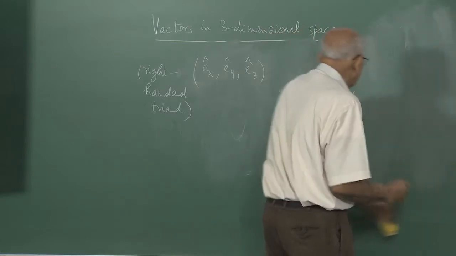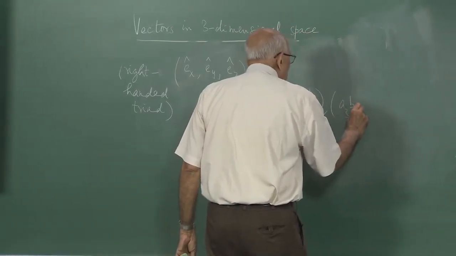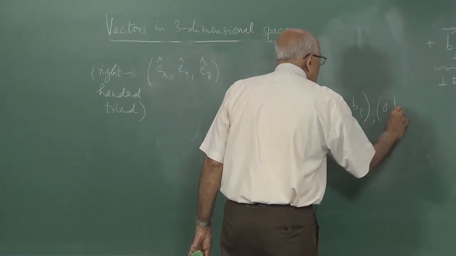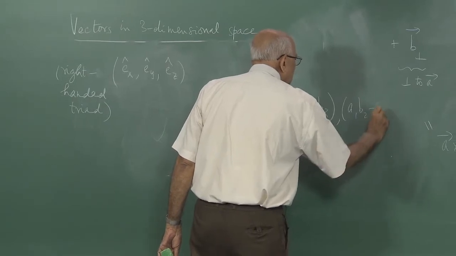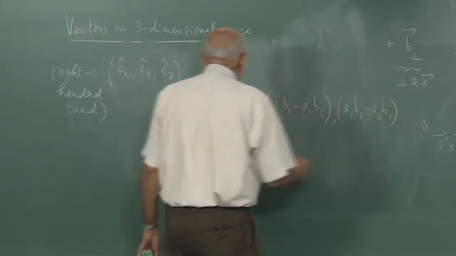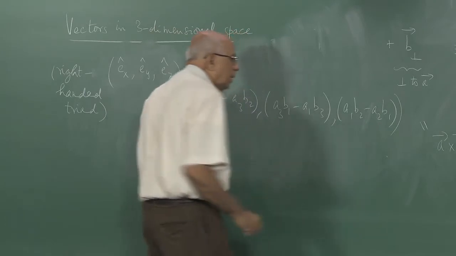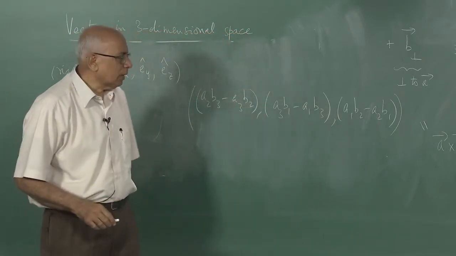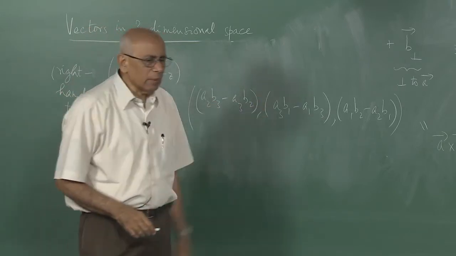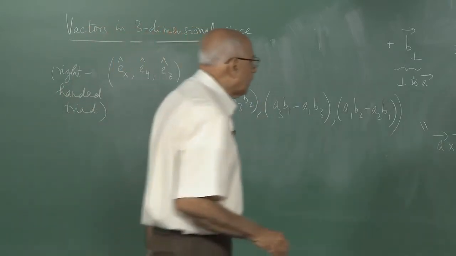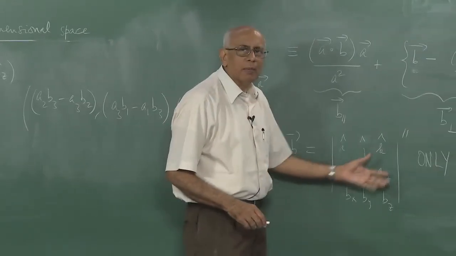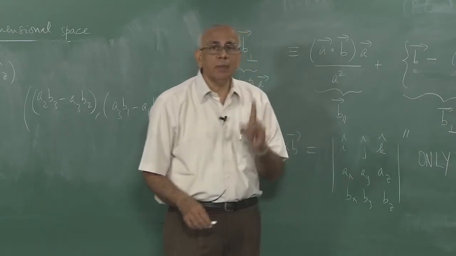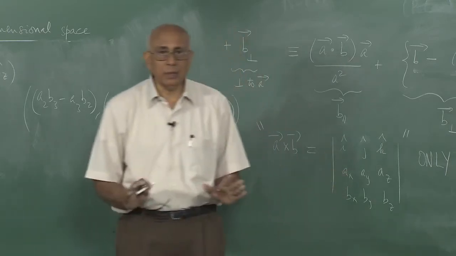So it is A3B1 minus A1B3 and then A1B2 minus A2B1, where I have called the components A1, A2, A3 and B1, B2, B3 instead of X, Y, Z. So it is easy enough to remember this and write it down, and I do not find that this is particularly helpful, but this is written down in elementary textbooks very often, but it is also misleading because it is certainly not a proper determinant at all. Okay.